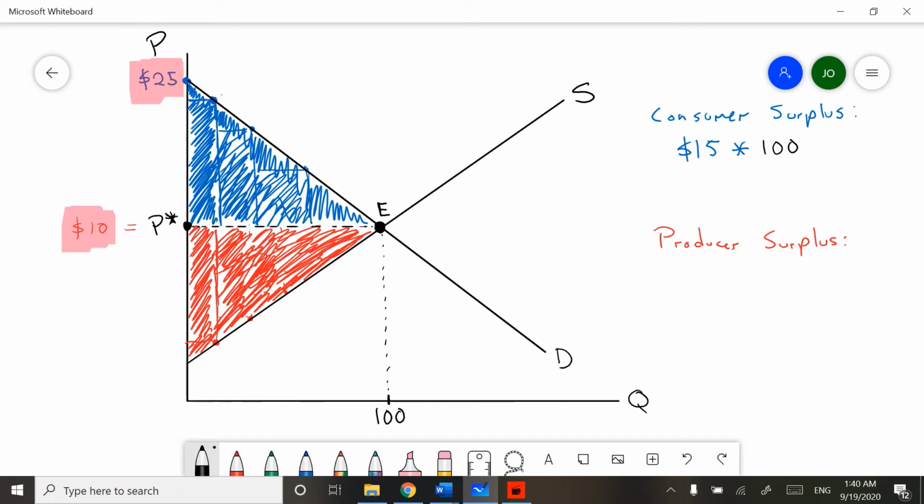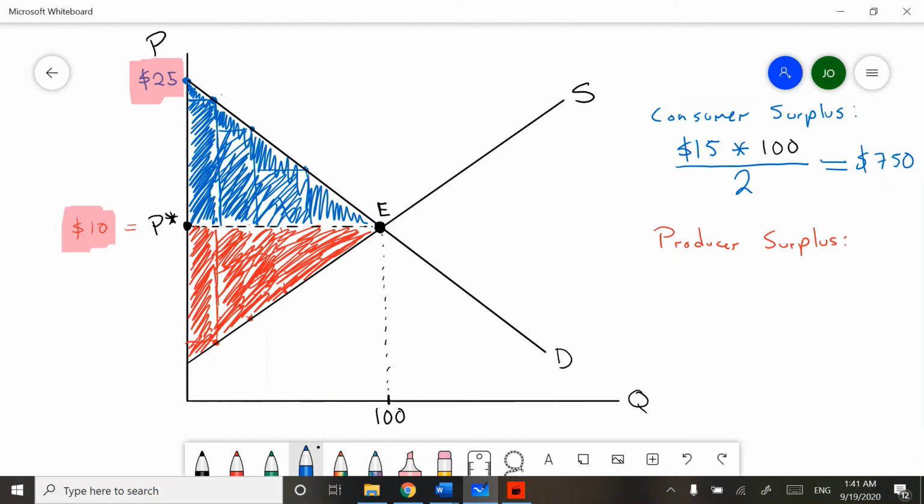Now, this is a triangle, so we're going to have to divide everything by 2. The 2 is nowhere on the graph. What you need to understand is that the area of a triangle is base times height divided by 2. This will be $750 of surplus. So all the consumers added together in this market have a surplus of $750.